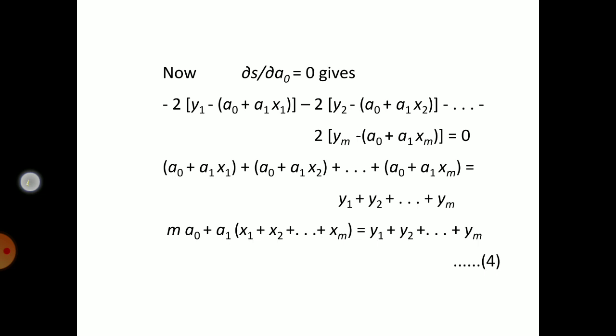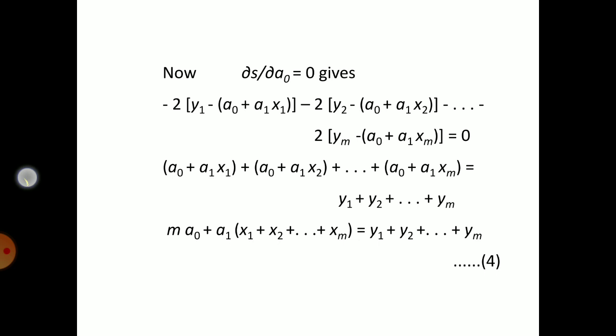Multiplying by minus sign, the right side becomes y1 plus y2 plus on ym, and the left side is (a0 plus a1 x1) plus (a0 plus a1 x2) and plus on (a0 plus a1 xm) is equal to the right hand side y1 plus y2 plus on ym. These are simple calculations you can calculate and see.